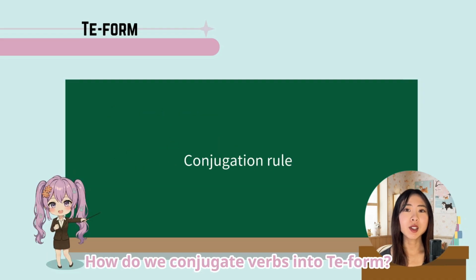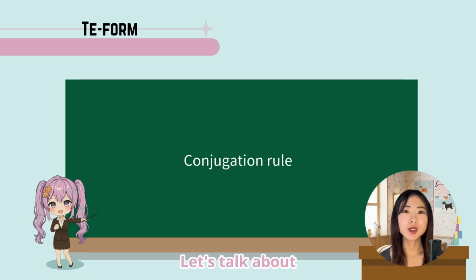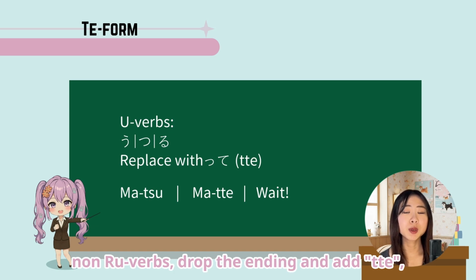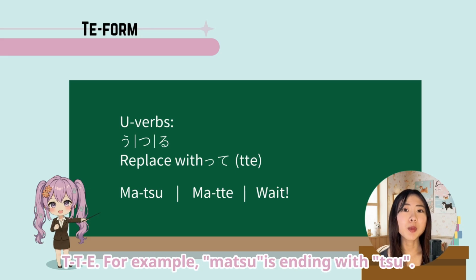How do we conjugate verbs into te form? Let's talk about how to conjugate each verb. If the verb is ending in u, tsu, or ru, non-ru verbs, drop the ending and add te, tte. For example, matsu is ending with tsu.